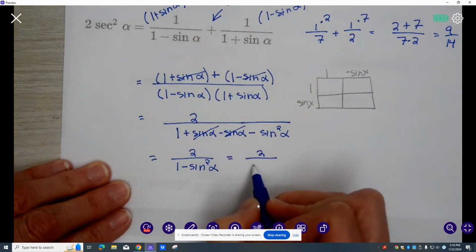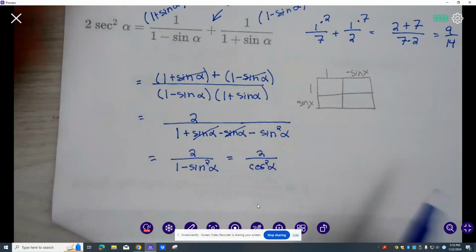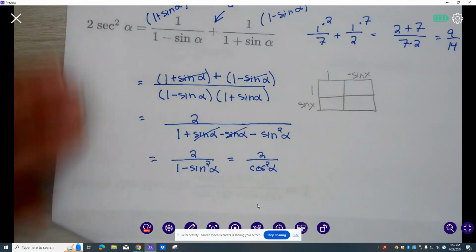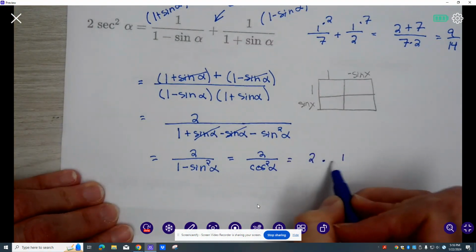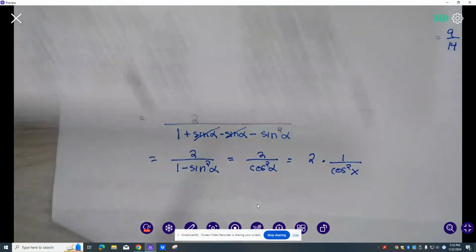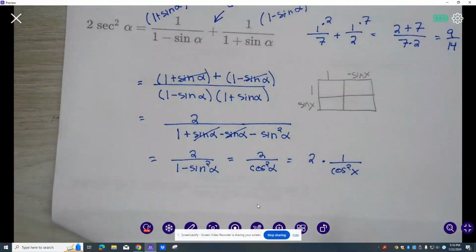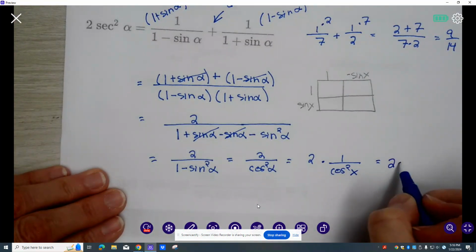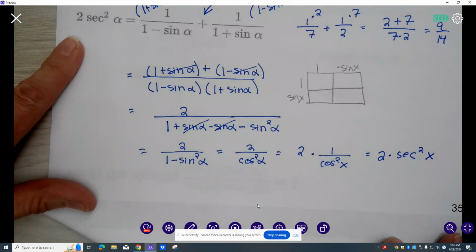So this is the same as 2 over cosine squared of x, which is the same as 2 times 1 over cosine squared of x, and 1 over cosine is secant. So this is the same as 2 times secant squared of x, which is what I started out trying to verify.